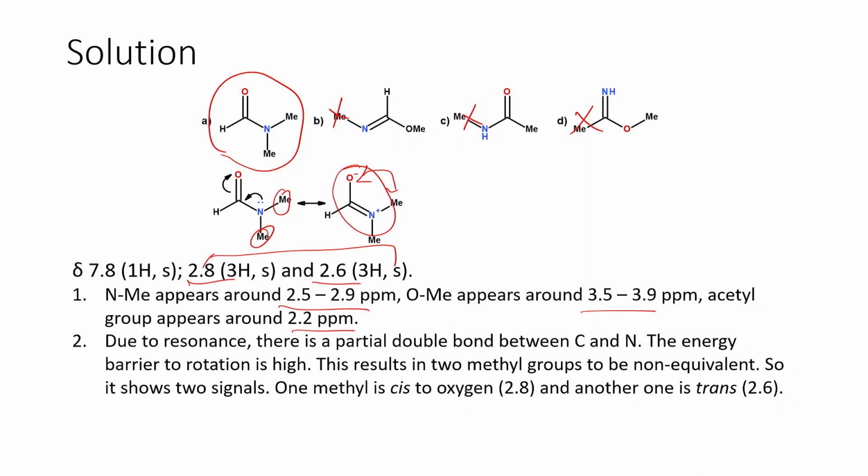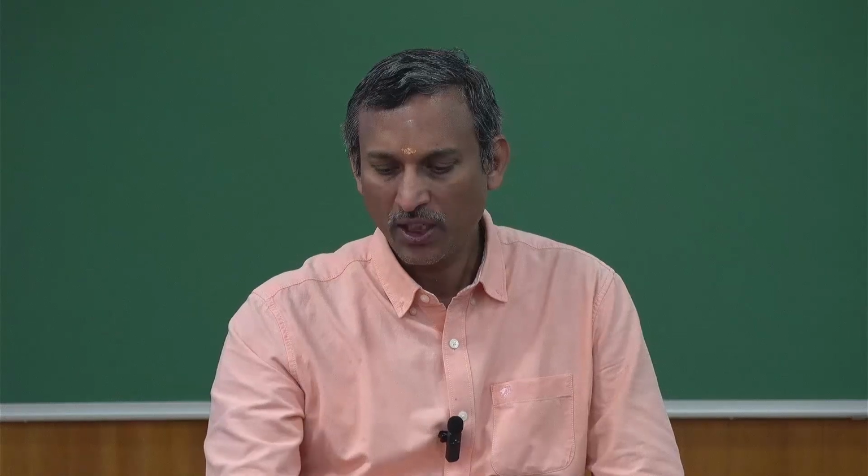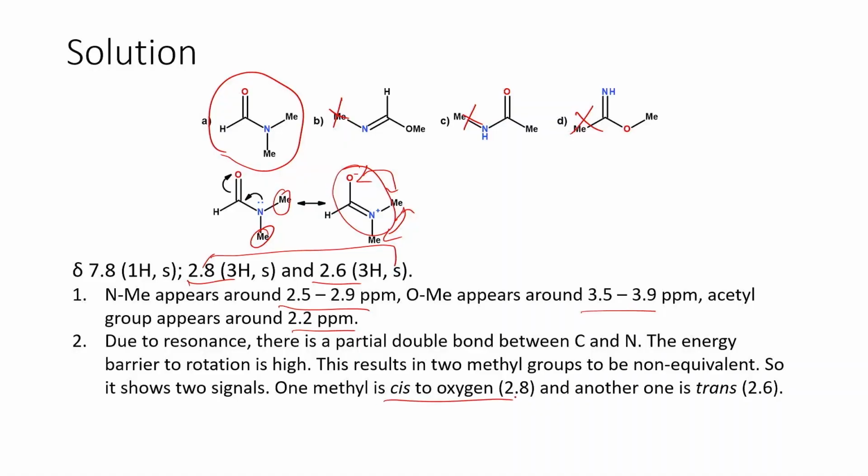Based on that, we can say these two methyl groups are chemically non-equivalent, and they appear as two different singlet peaks, which is what we are seeing in the NMR. One methyl which is cis to the oxygen appears at 2.8, and the other which is trans to the oxygen appears at 2.6. That clearly tells us the given compound is N,N-dimethylformamide with these NMR values.